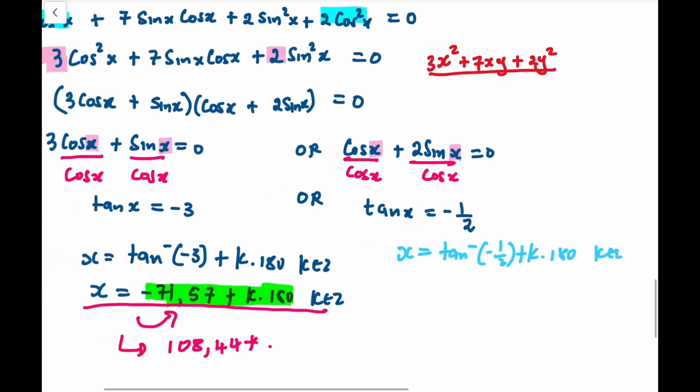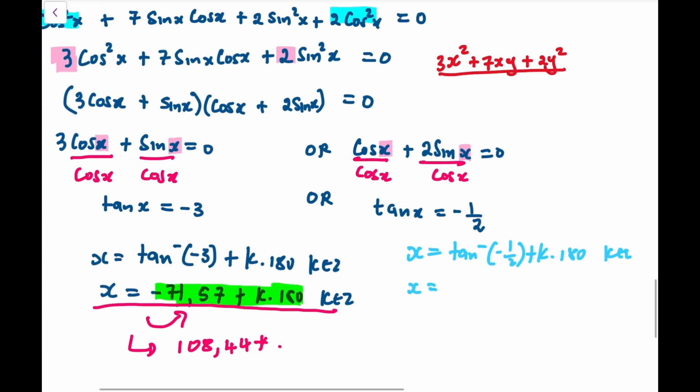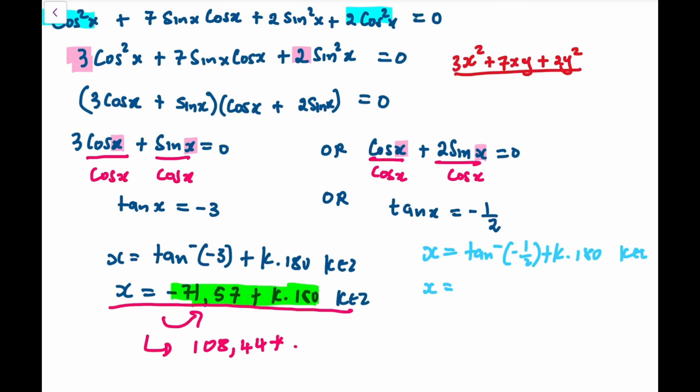So this will be x is equal to negative 26,57. If you want to make it positive, you can always add 180, and then it will give you 153,43. Yes, so we are done with example 4.